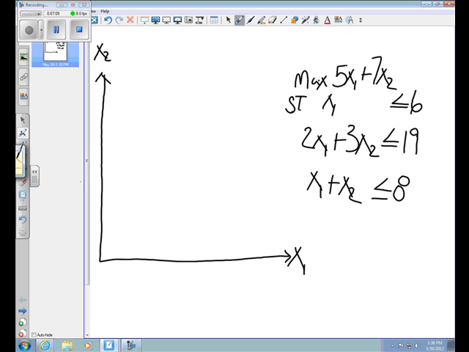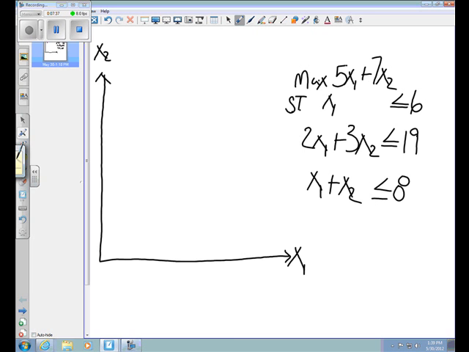So now, you've seen how we graph x1 is less than or equal to 6. This next constraint, 2x1 plus 3x2 less than or equal to 19, that's a little bit more tricky, but not too bad. If you'll remember from your high school days, you probably graphed different lines that showed something like y equals mx plus b.